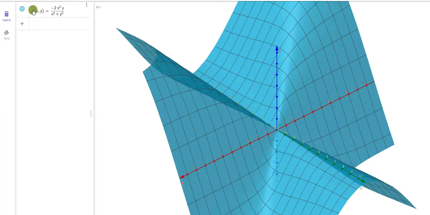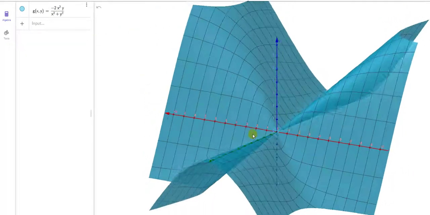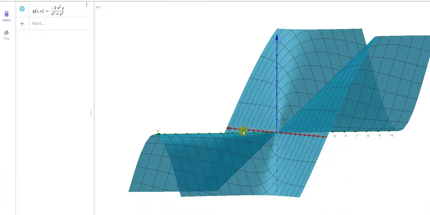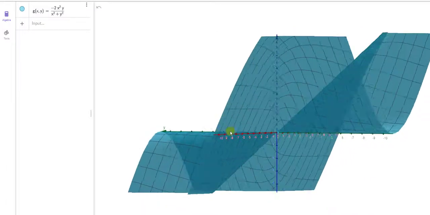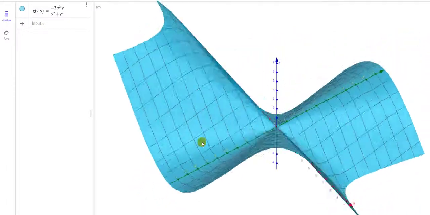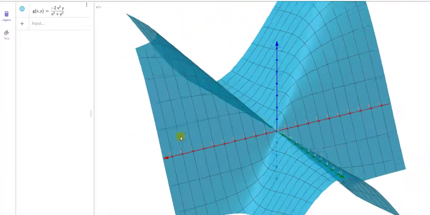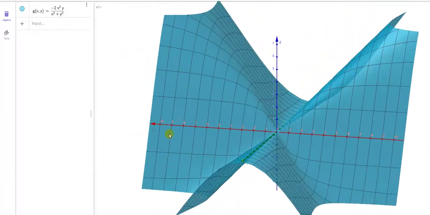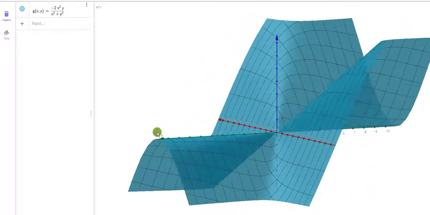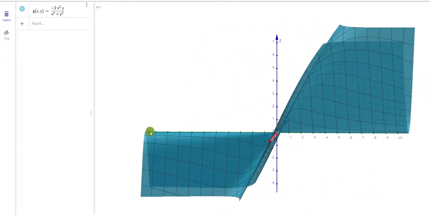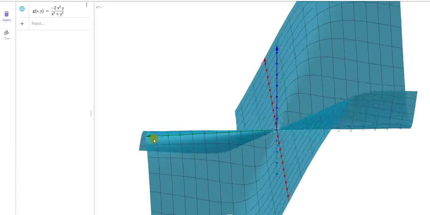Here I've clicked the link to show the graph of g(x, y), which is this function right here. It's a complicated looking function. But what we see here, unlike in the last example, is that as I approach the domain value (0, 0), which is the origin, regardless of the direction that I approach that ordered pair, my z values always seem to be approaching 0.